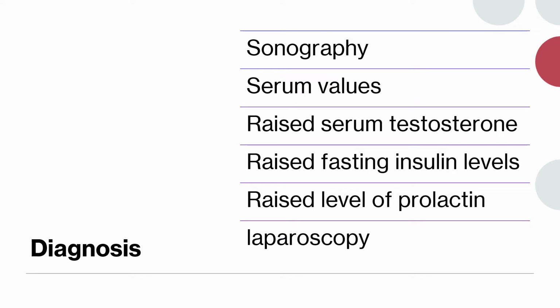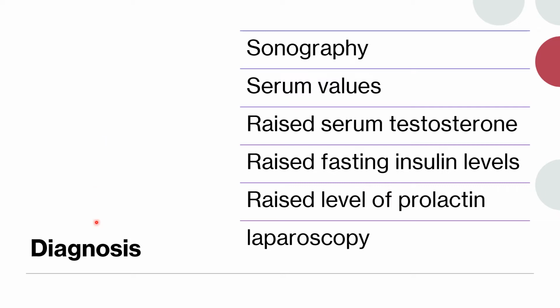Let's see the diagnosis. Definitely sonography is very important. Transvaginal sonography will show enlarged ovaries with many small cysts arranged in the ovaries. Next are the serum values.